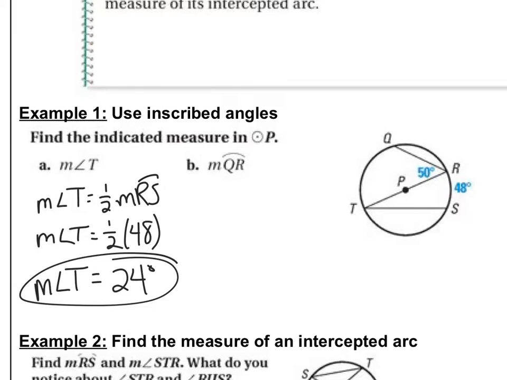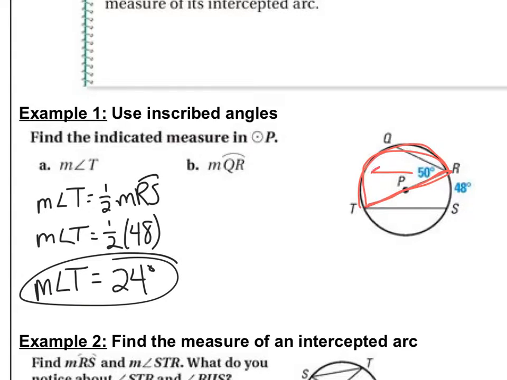Now on the flip side of that, they're going to give us the inscribed angle, and they want us to find the measure of arc QR. Now this is going to take a little bit of doing because we first need to identify that R to T is a semicircle, so this entire thing is 180 degrees.